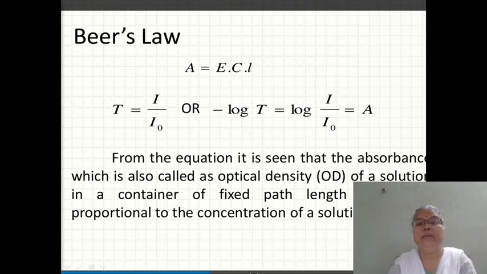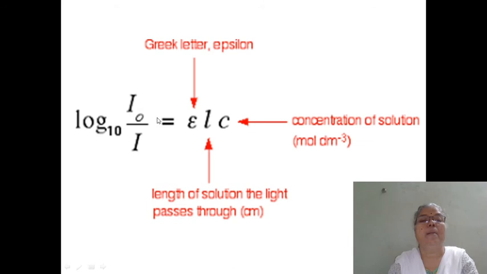From this equation it is seen that the absorbance of the solution is called the optical density of a solution in a container of fixed path length, and it is directly proportional to the concentration of solution.